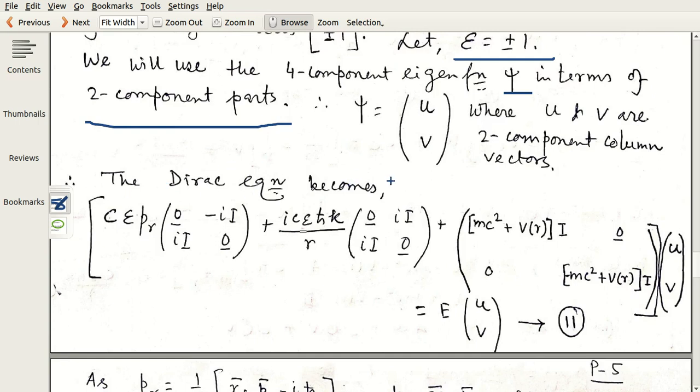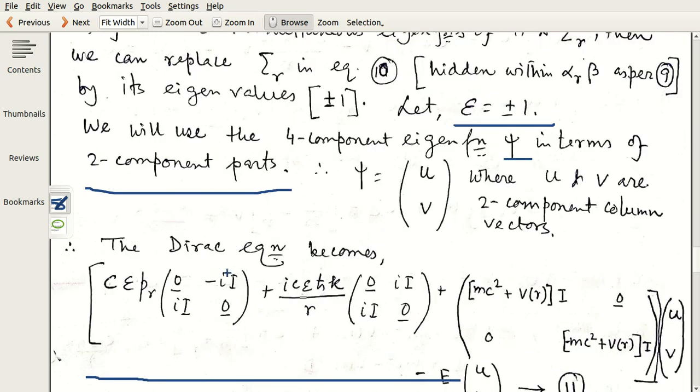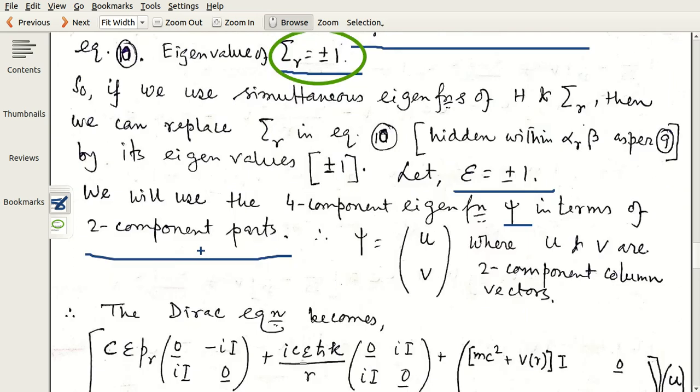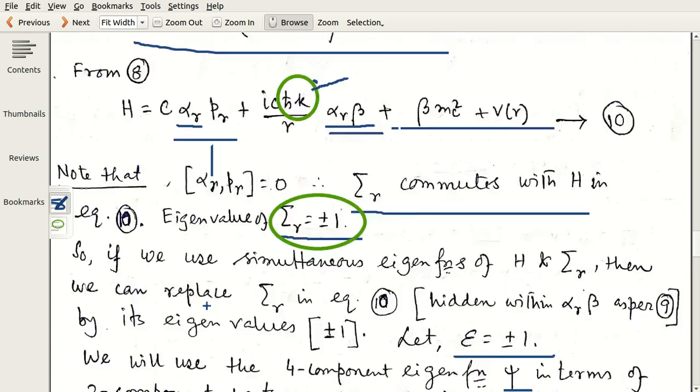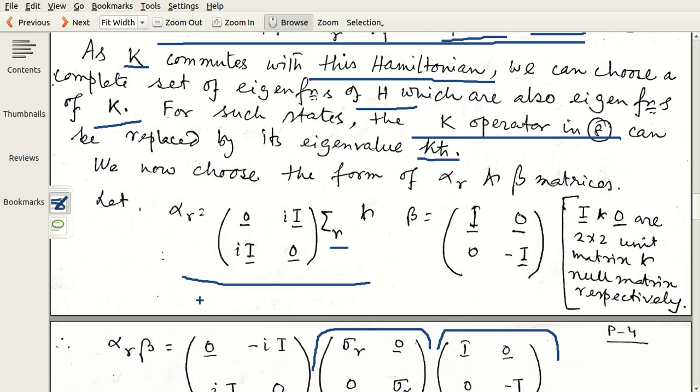Then the Dirac equation becomes, I have just replaced everything, it is the alpha matrix here, and I have used epsilon. What I have done, I have used alpha r equals this matrix into sigma r.